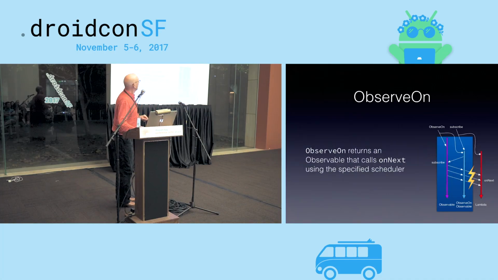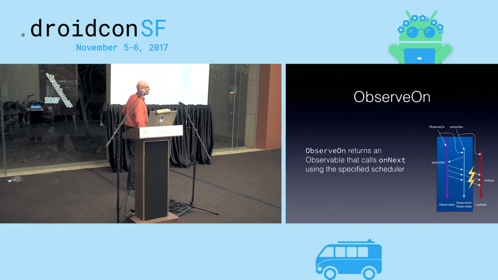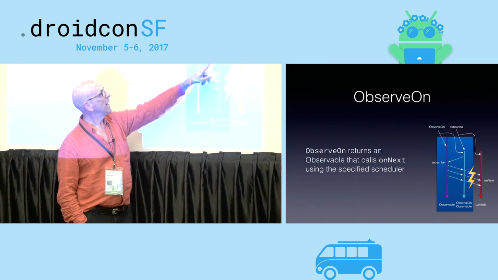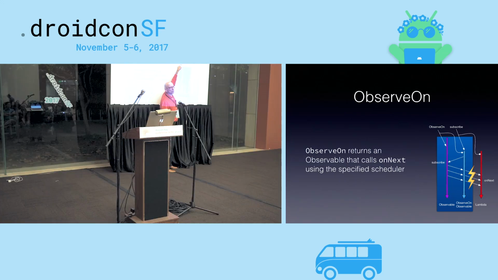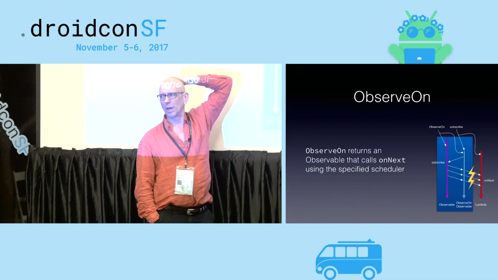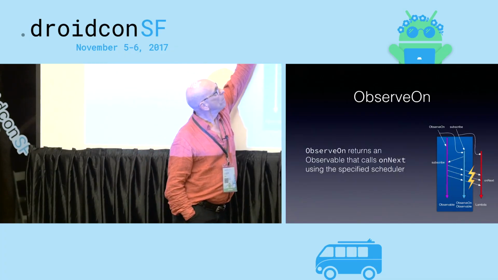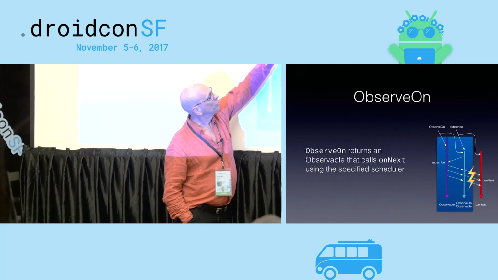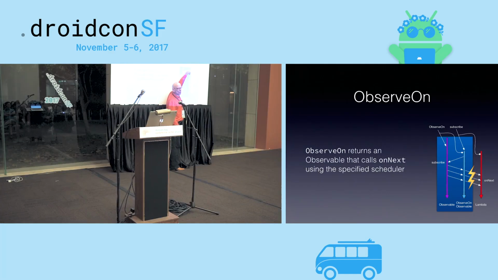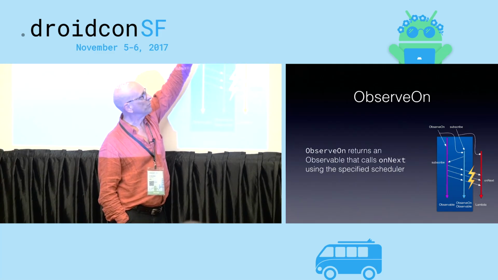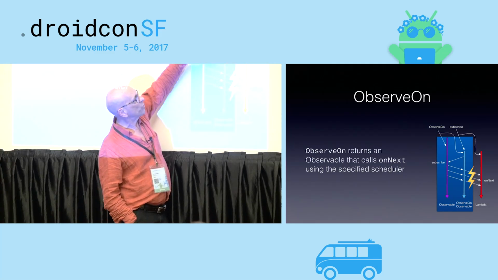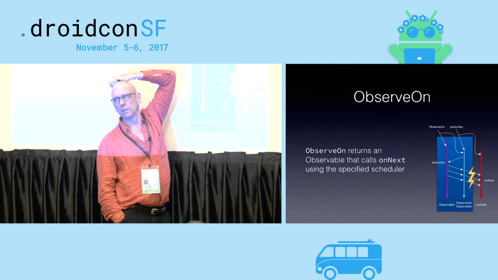Okay, so given that, this is what observeOn does. observeOn creates a new observable and subscribes it to the network observable. So my subscribe call subscribes, once again, the same red line, the same my observer, but it subscribes it to this intermediate thing.